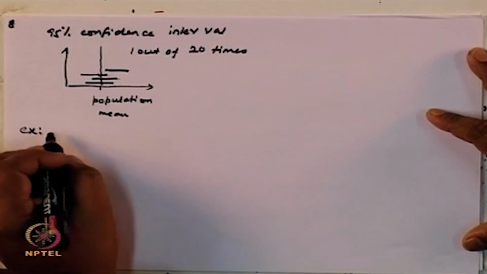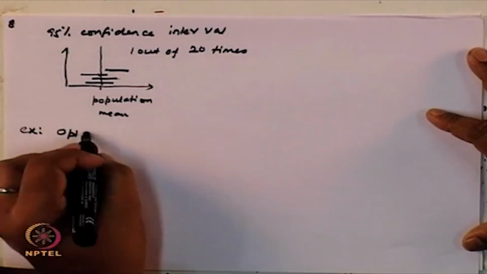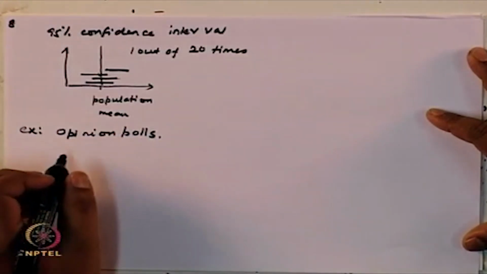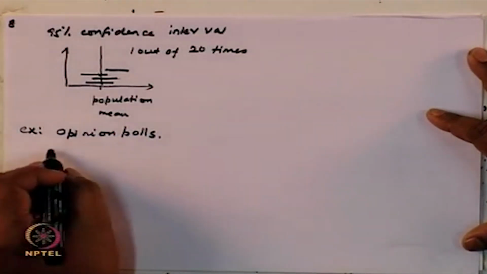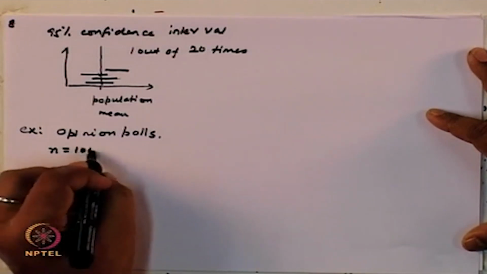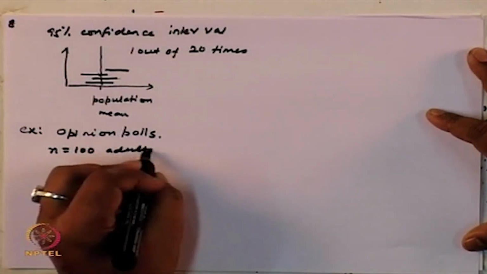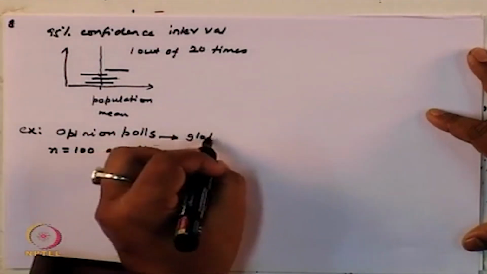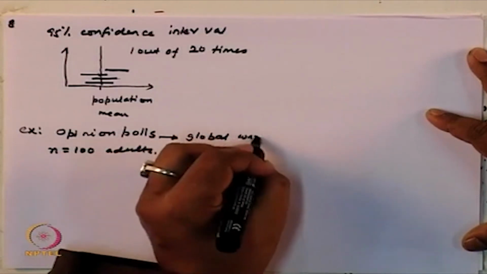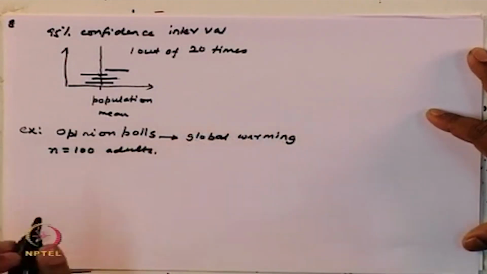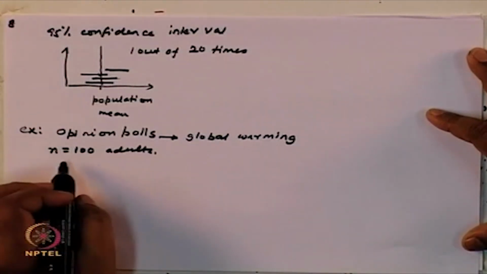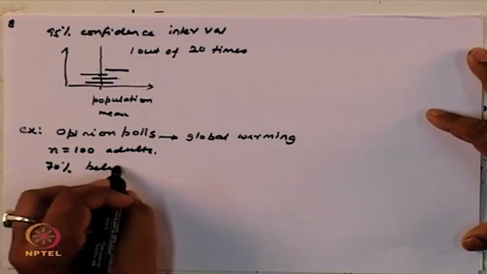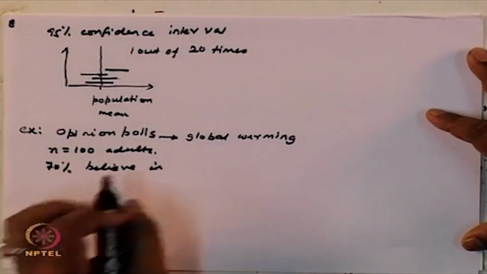This is about opinion polls. Let us say you have taken a random sample of 100 adults, and this is an opinion poll about global warming. Of 100 adults, 70% believe in global warming.